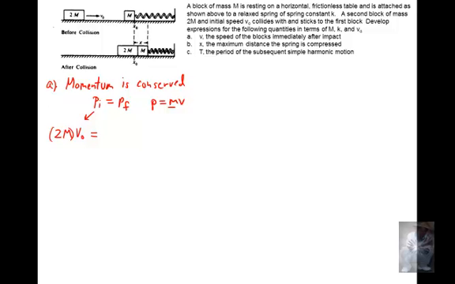Since it's an inelastic collision, the 2M mass combines with the M mass, and they have the same velocity V. If we solve this equation for V, we essentially get 2M V initial over 3M. The M's cancel, and we get 2/3 V initial.